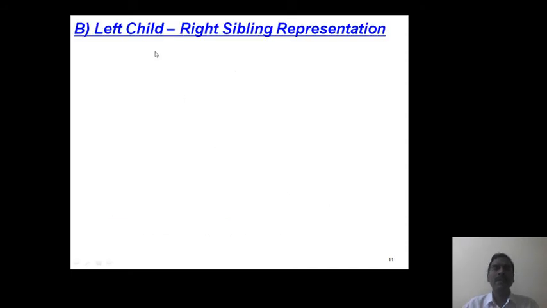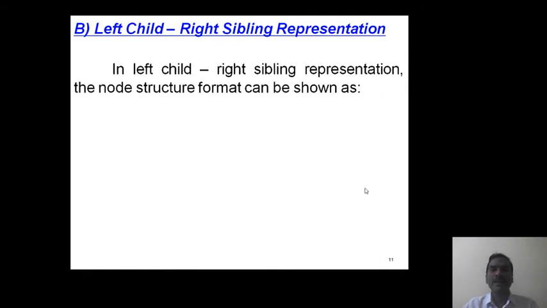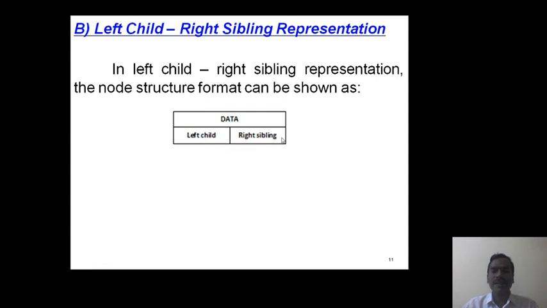Second one, left child right sibling representation. In this format we specify node structures. Here the node structure consists of 3 parts: one is the data part, second is the left child, and third is the right sibling.